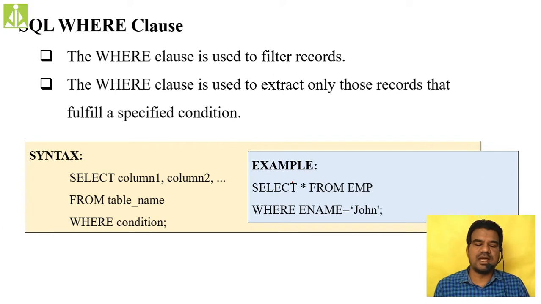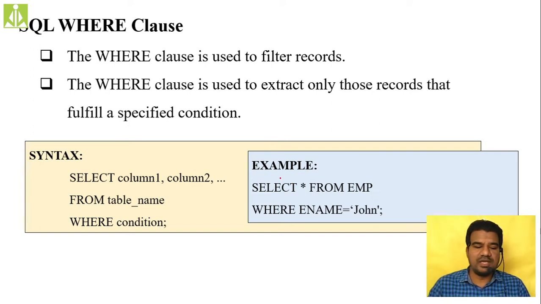If you see the syntax over here, the general syntax of the WHERE clause inside the select command. This WHERE clause can be used with multiple commands, which we'll discuss afterwards. But for now we are using it only in select, so I have written the syntax accordingly.